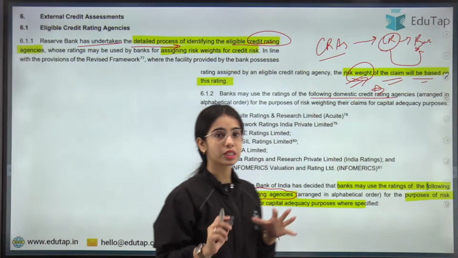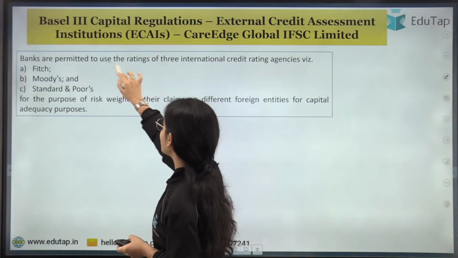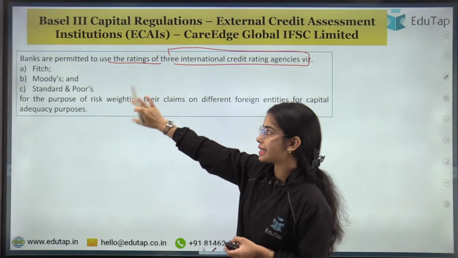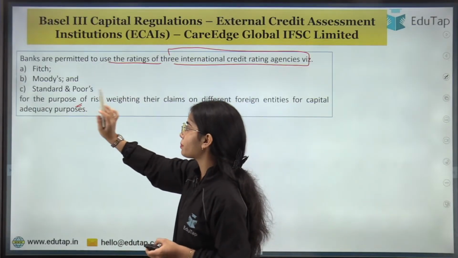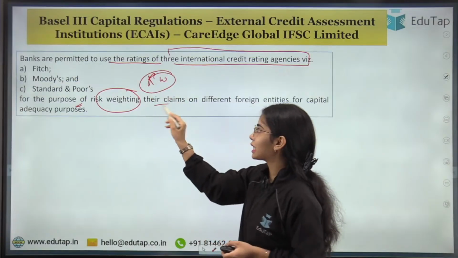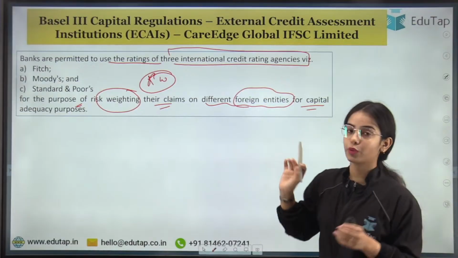Now the banks are permitted to use the ratings of these three international credit rating agencies, Fitch, Moody's, and Standard and Poor's, for the particular purpose of risk weighing the claims, the loans on different foreign entities for capital adequacy purpose.